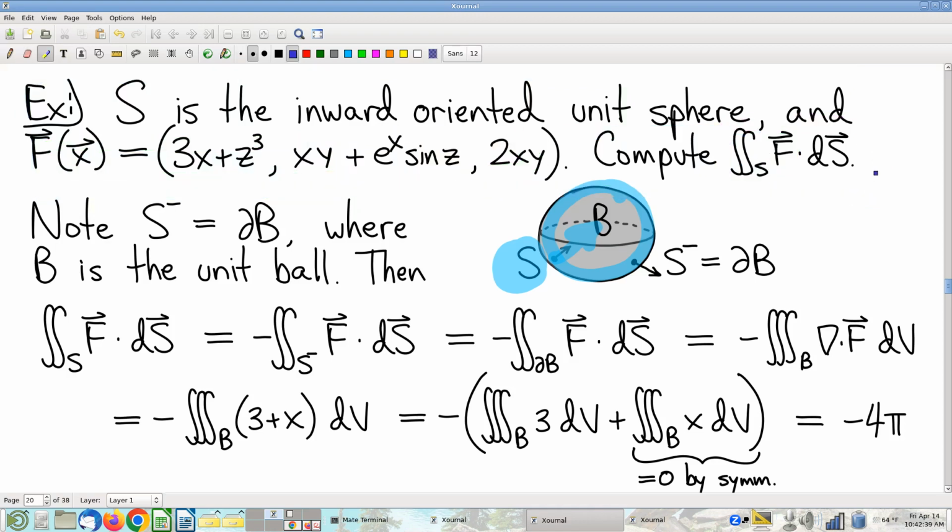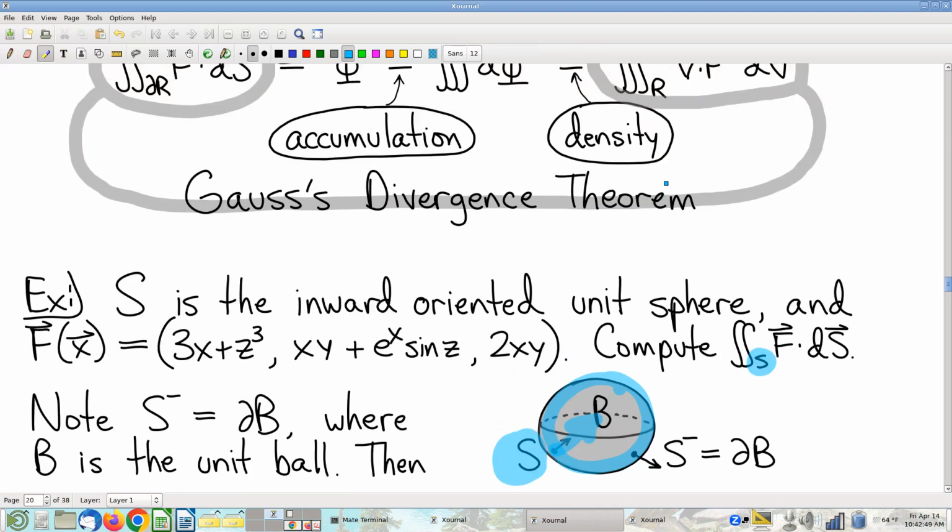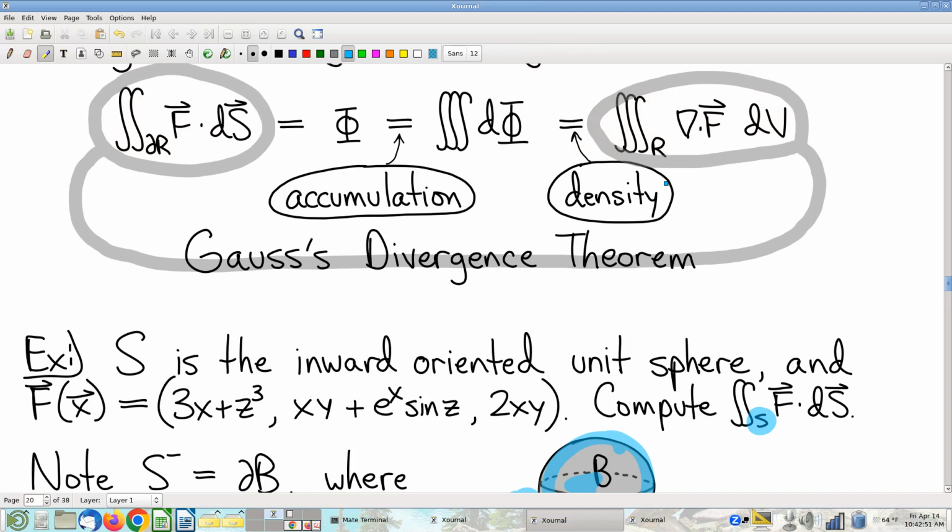It's not, because we are computing an integral. Here's my surface S, right? Got a picture of our surface S. That's my domain, and it's not a boundary. And a very, very important point, and I know you've heard me say this a million times, I'm going to say it a million more: every one of these accumulation theorems has a catch. And the catch on Gauss's divergence theorem is that your domain for your flux integral has to be a boundary.